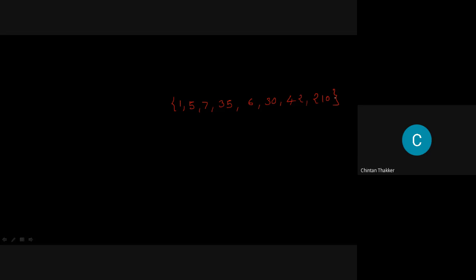Okay, so the last one is this, and with 16 elements, the set itself, 210. So in total we got 15 sub-Boolean algebras.